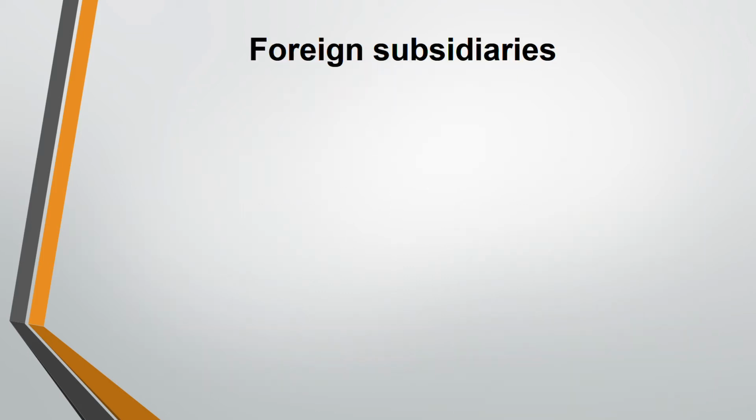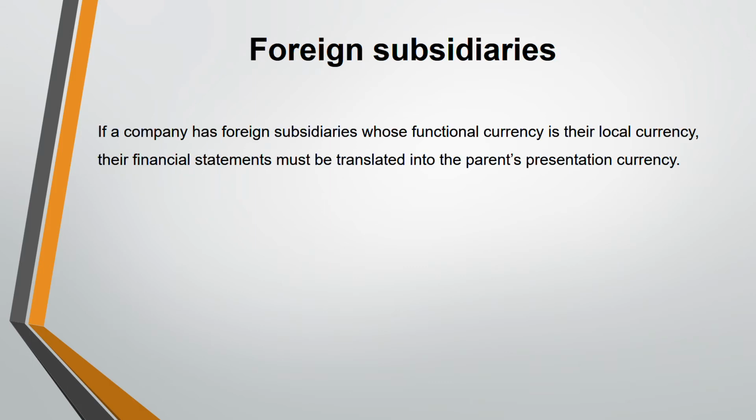The most important is foreign subsidiaries. So for foreign subsidiaries, remember you first have to translate before you consolidate. Because if the parent and the subsidiaries' functional currencies are different, you cannot consolidate. So that means the foreign subsidiaries' functional currency first has to be translated to the parent's presentation currency.